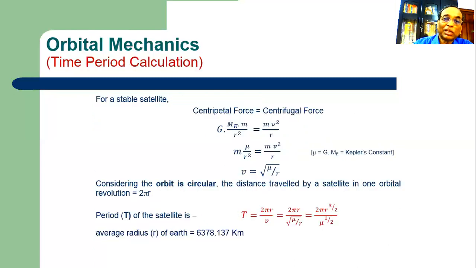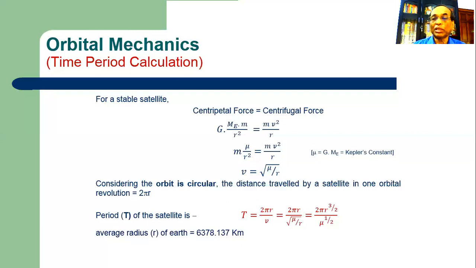So this is about the dynamics when a satellite is moving in a stable trajectory, in a stable orbit. At that time, centripetal force and centrifugal force are constant. Both are identical in value. So one force is counterbalancing the other force.